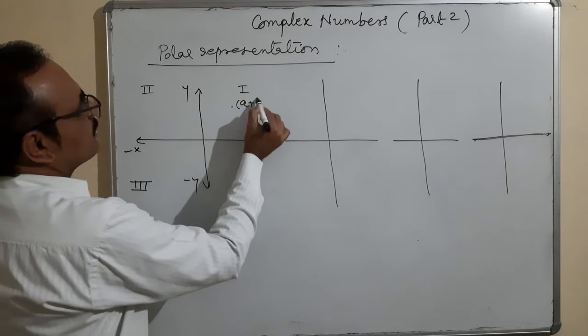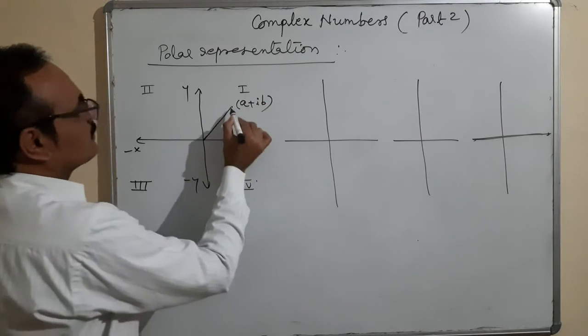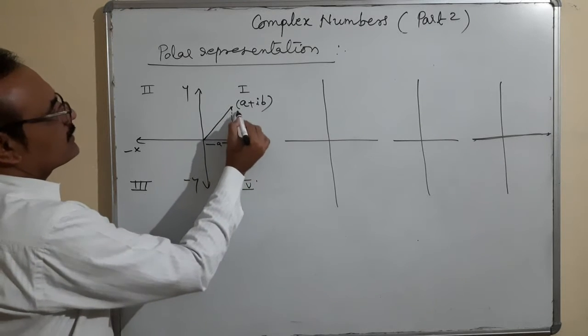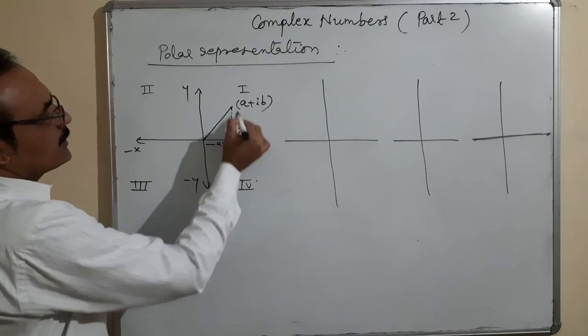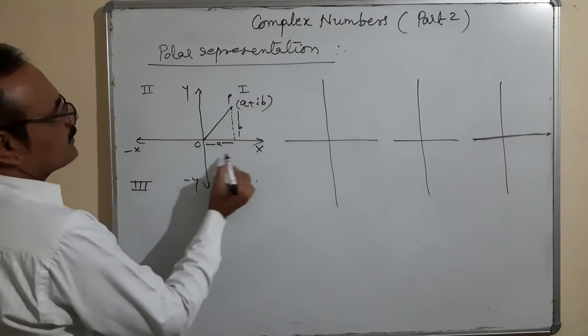a plus ib. What is the meaning of it? The intercept on the real part is a, and the imaginary part is b. This is P, the origin, and this is a.